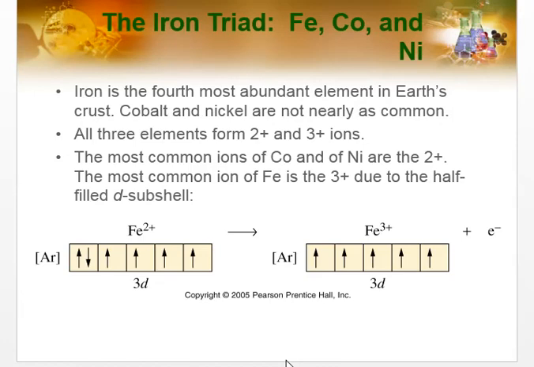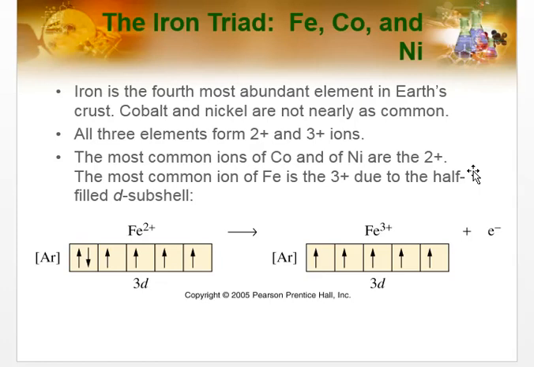Now we will start with the elements of the VIII B subgroup, the iron triad: iron, cobalt, and nickel. Iron is the fourth most abundant element in Earth's crust. Cobalt and nickel aren't nearly as common.